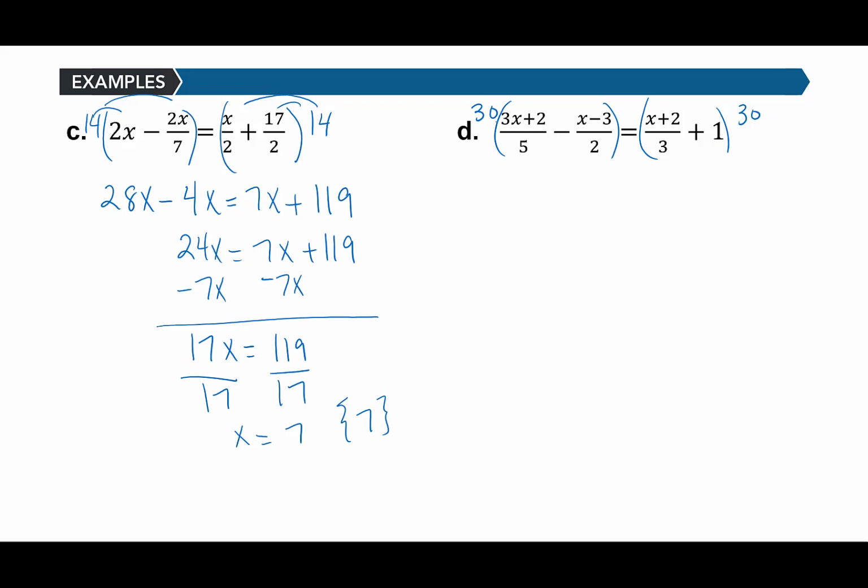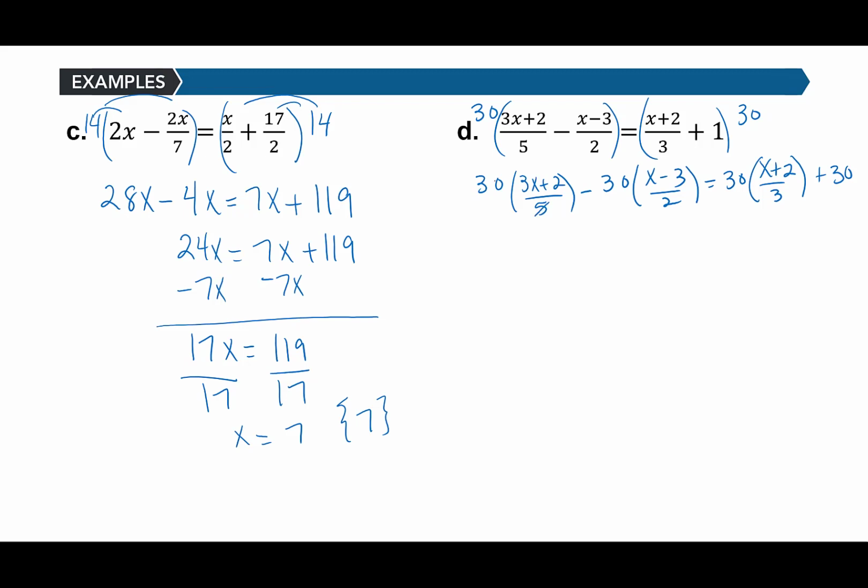So we would have 30 times 3x plus 2 divided by 5 minus 30 times x minus 3 divided by 2 equals 30 times x plus 2 divided by 3 plus 30 times 1 is 30. So we want to divide out the common factor first.